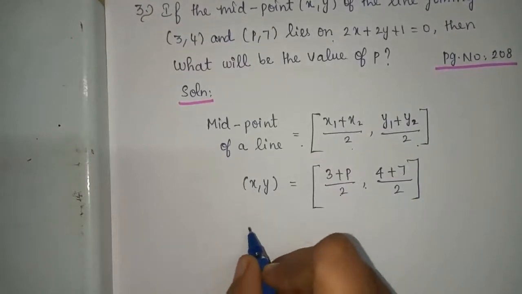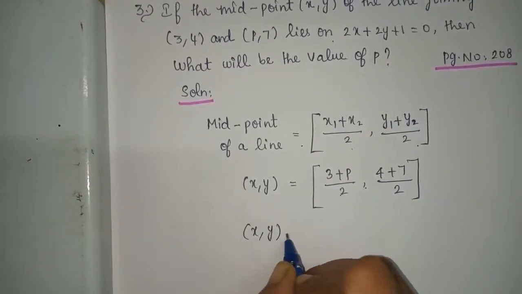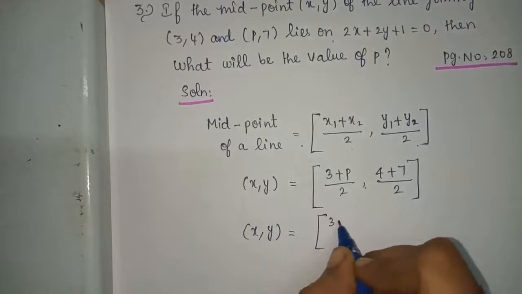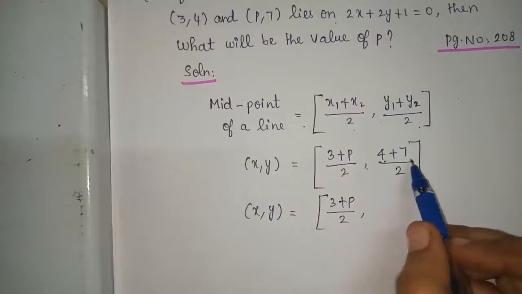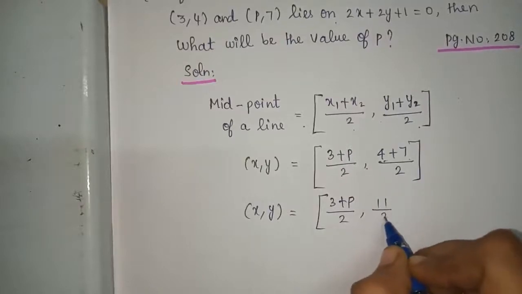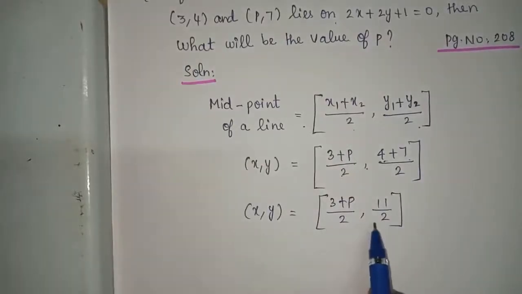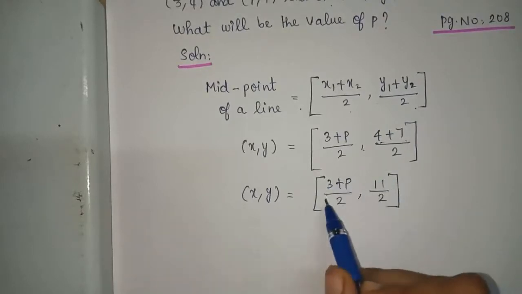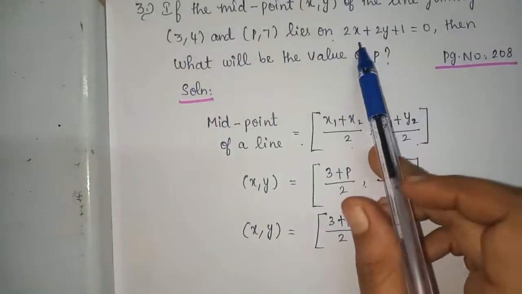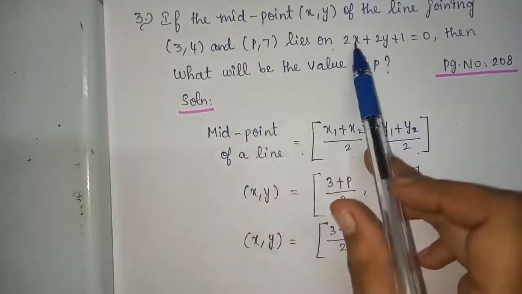Then simplification, x comma y is equal to 3 plus p divided by 2 comma 4 plus 7 is 11. So 11 divided by 2. Now you get the coordinates. This point lies on the line.